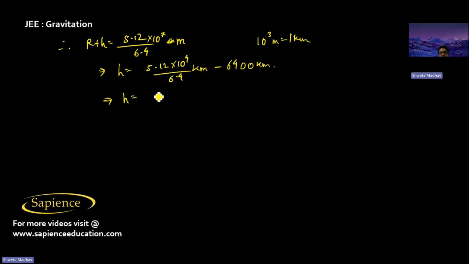It means h is equal to, since the point I can cancel out, 51200 divided by 64 minus 6,400. This much kilometer.